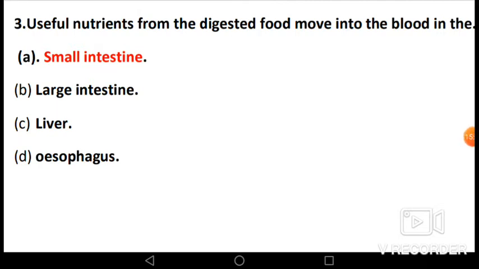Third, useful nutrients from the digested food move into the blood. The answer is small intestine, because in the digestion system food passes from the stomach, which is the third organ, and goes to small intestine, which is the fourth organ of digestion system.